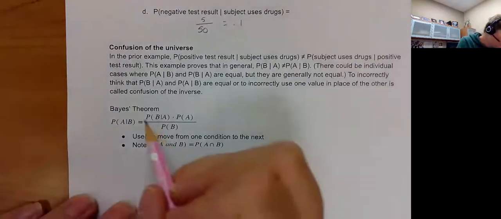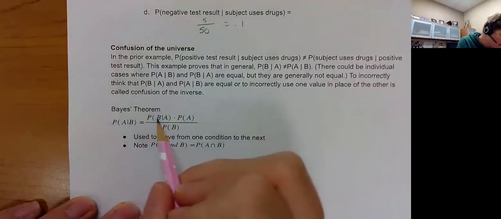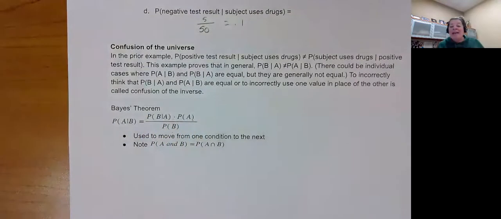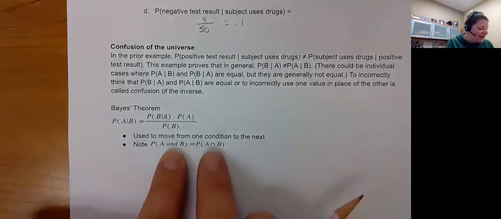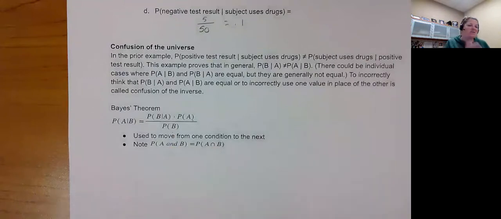So Bayes' theorem is saying A given B, you can do the opposite, B given A, times the probability of A divided by B, and get your answer that way. So it's a little different way to get the same answer. I do want to note that the word and a union symbol are the same thing, just in case you look up stuff and you wonder where that came from.